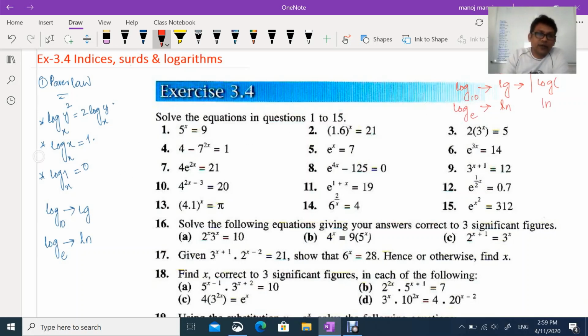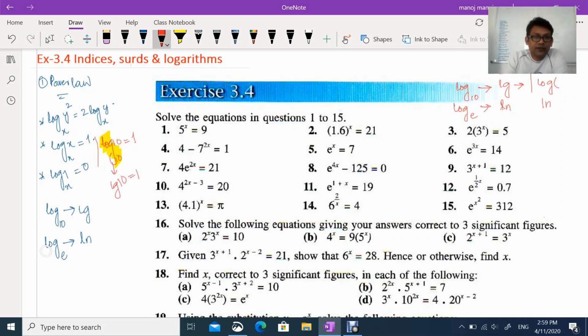So when I write log 10 of 10, that equals 1 because both are 10. With base 10 we can write only lg, so lg 10 is also equal to 1.